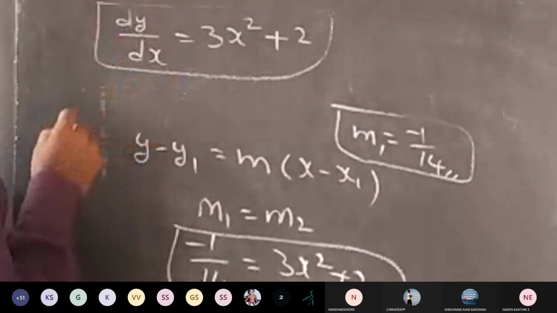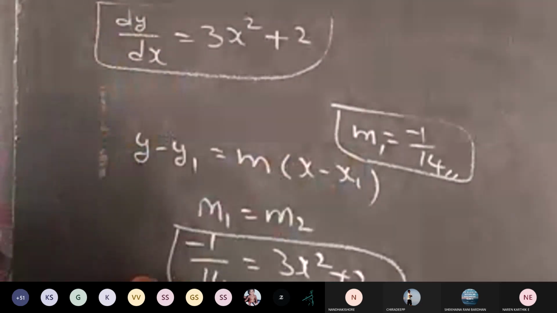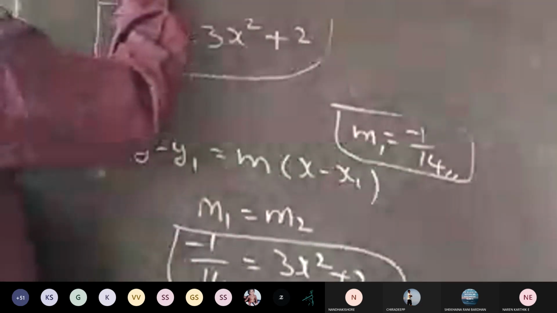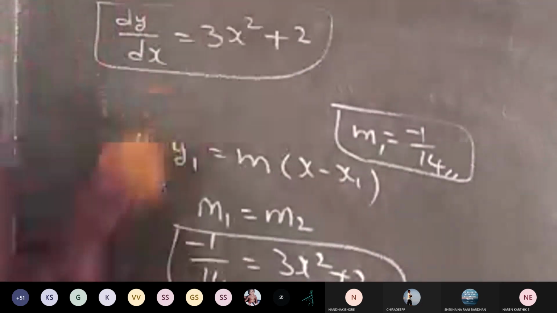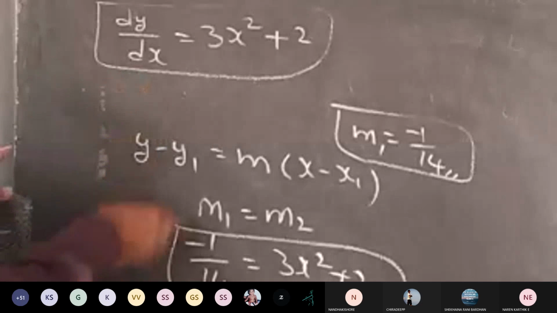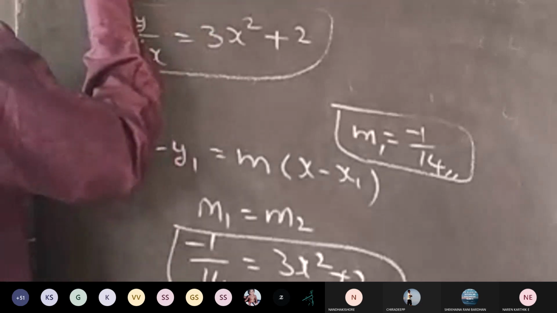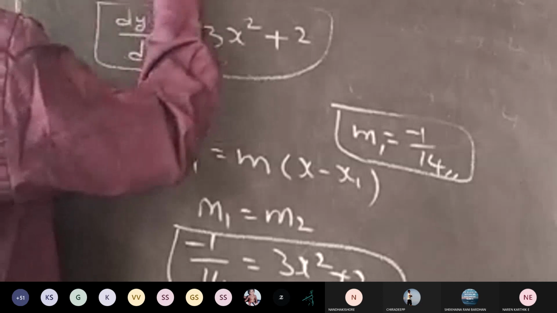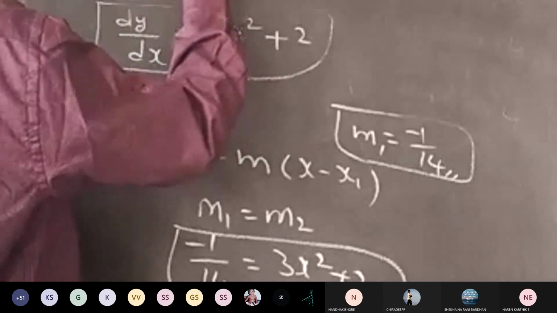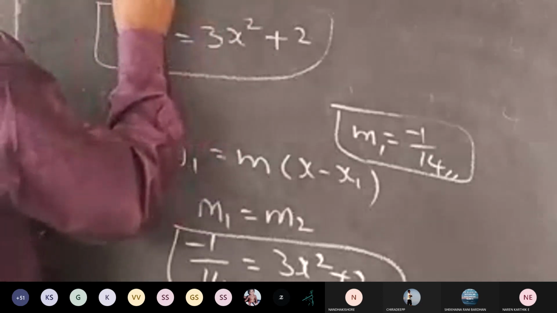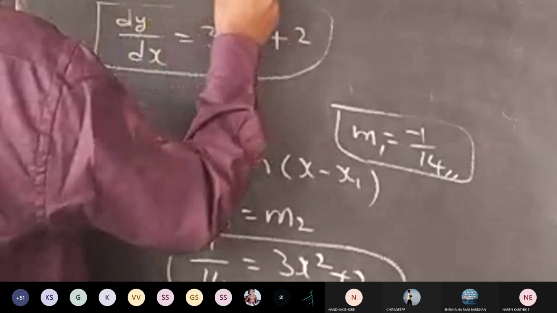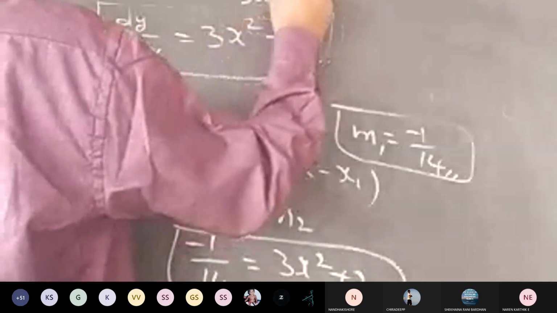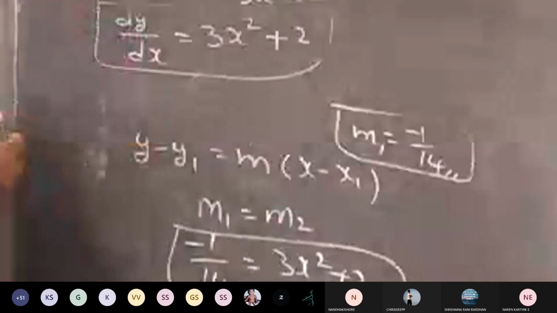So here this is m1, this is m2. So m1 into m2 is equal to -1. In this equation, 3x² + 2 is equal to -1 into m2, so m2 is equal to -1/(3x² + 2).